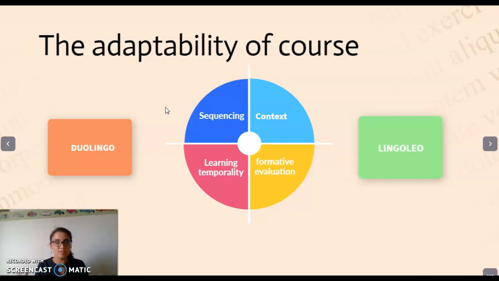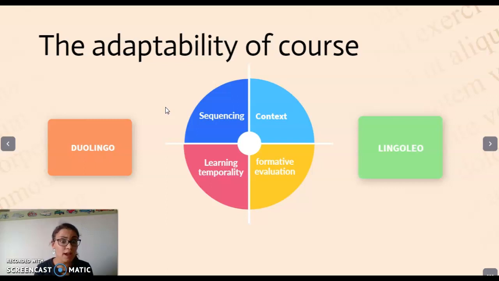And after, there will be formative evaluation. You have to evaluate the results we have seen before.